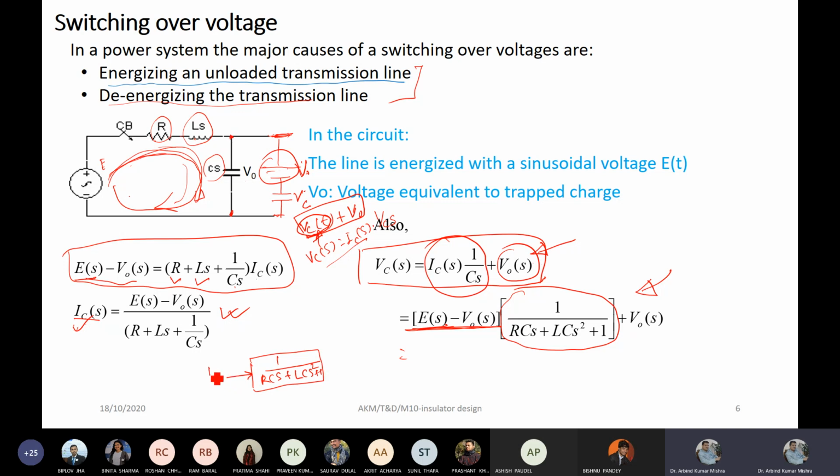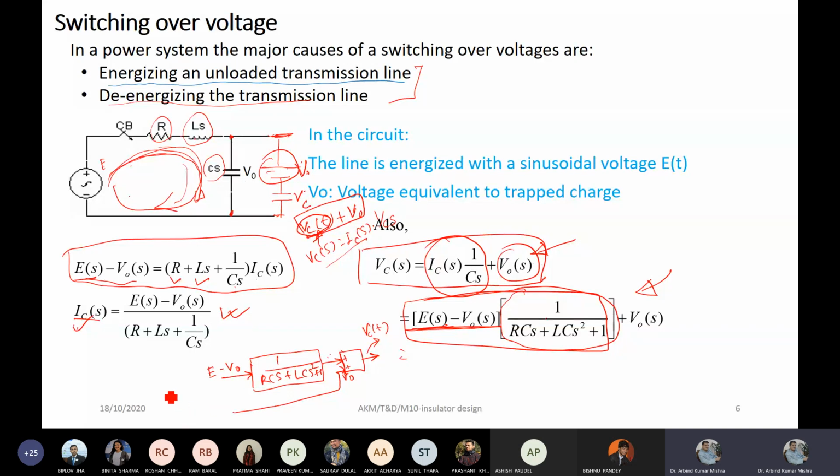If the input to this is given as E minus V naught, then what will be the output? The output will be this quantity, right? And if I add this V naught also to this, then whatever voltage we get at this point is in fact the voltage across the capacitor in the time domain.